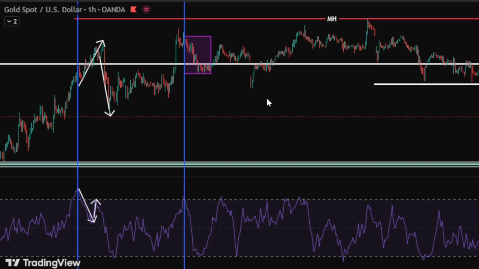You must have confirmation. If you are a day trader, you can use the money flow index with RSI divergence. Also, you can put your RSI indicator onto your chart and get the signal. If you are a swing trader, you can use the money flow index with a trend line break. Maybe the trend line was around here, then it broke, then you see the divergence around here, which means that the ongoing trend is ready to come to an end.